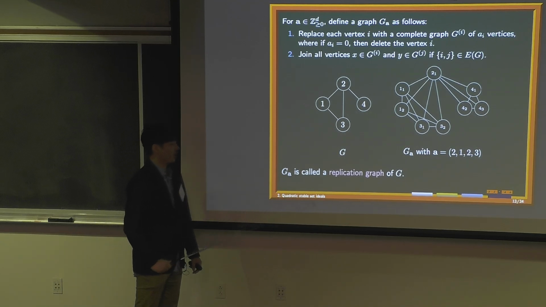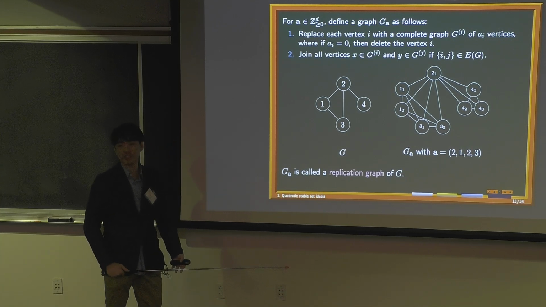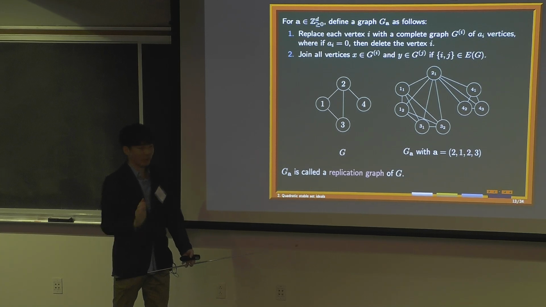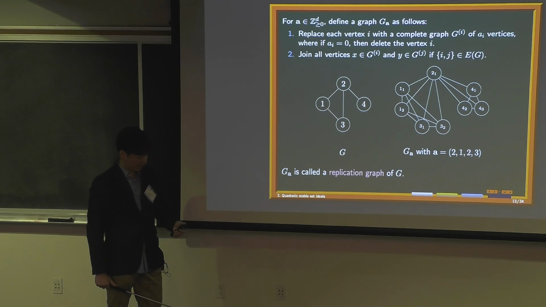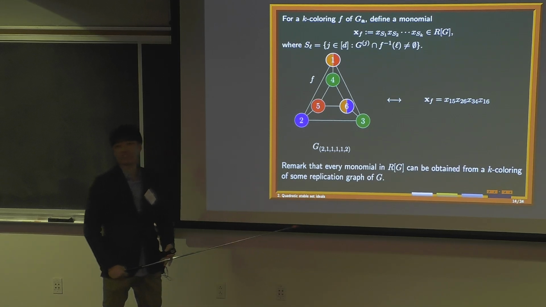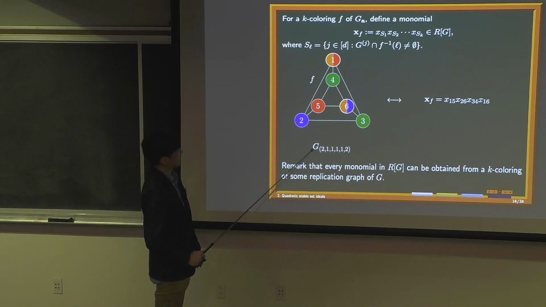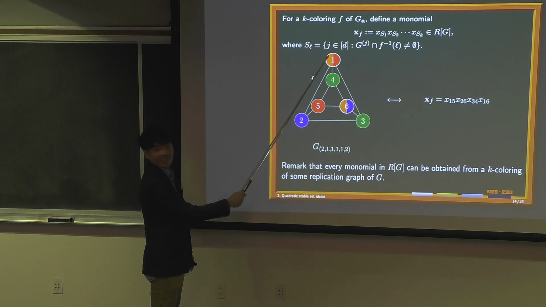We call this graph G_a the a-replication graph of G. Now we consider a k-coloring of this replication graph. This is just a multi-coloring of the original graph. In fact, we consider this replication graph G_(2,1,1,1,1,2). The k-coloring of this graph means the first vertex and sixth vertex have 2 colors.